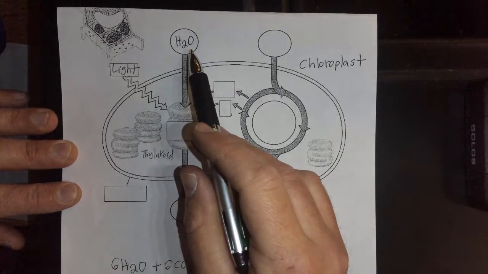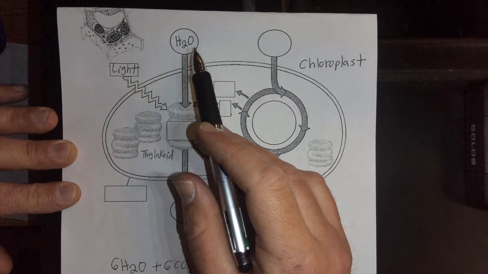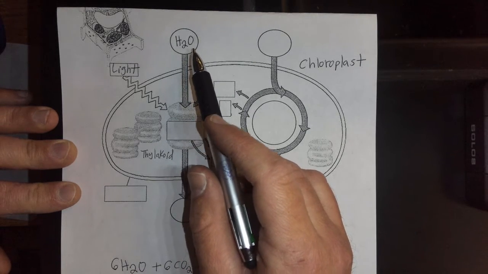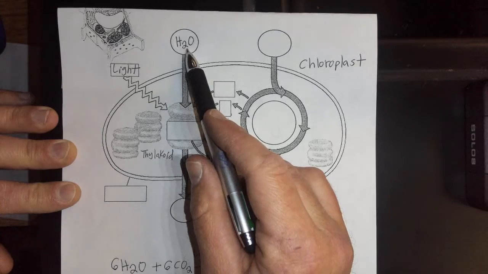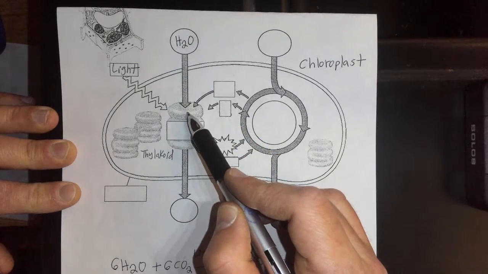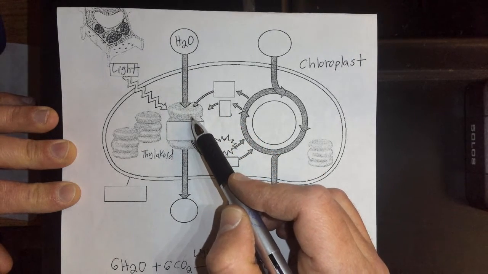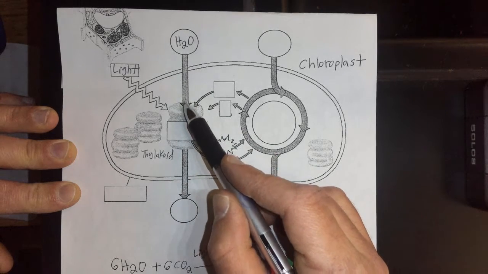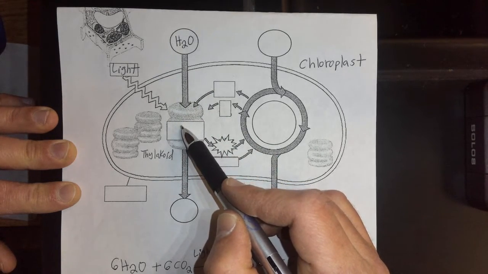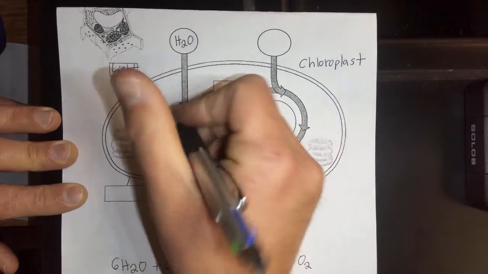Okay, so when plants, for instance, take up water through their roots, the water molecules are going to enter the cells and enter the chloroplast, and it's going to enter this reaction called the light-dependent reaction.